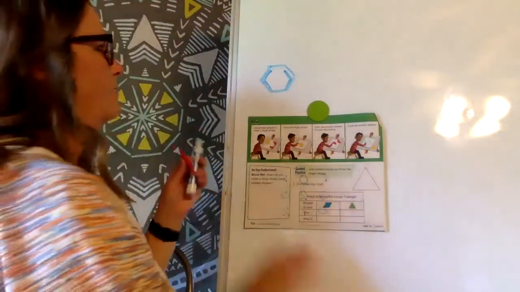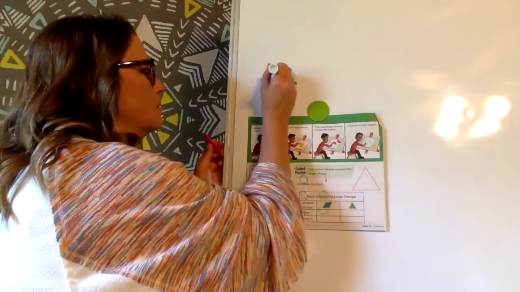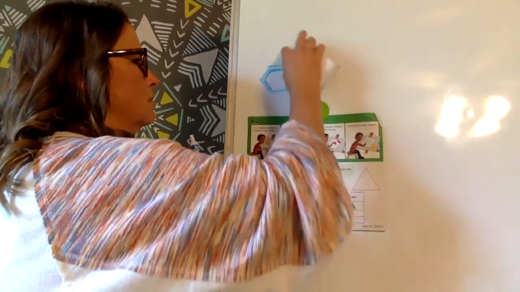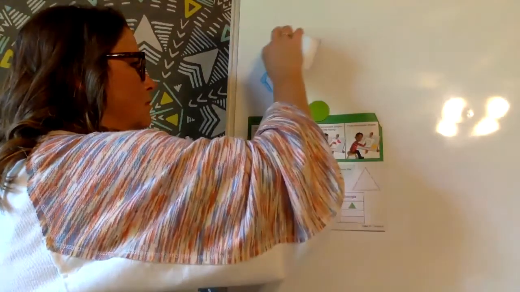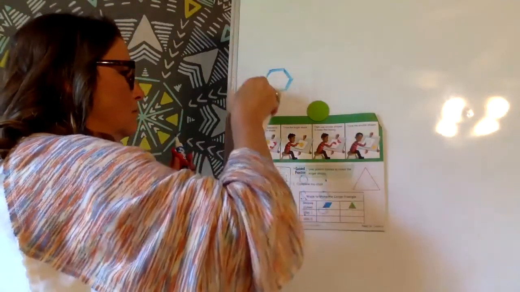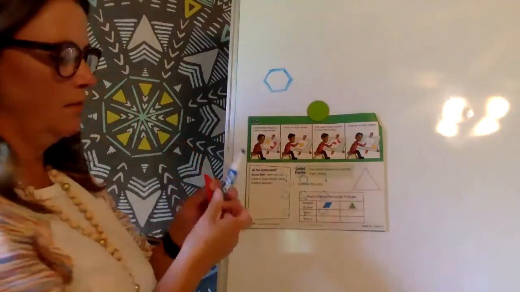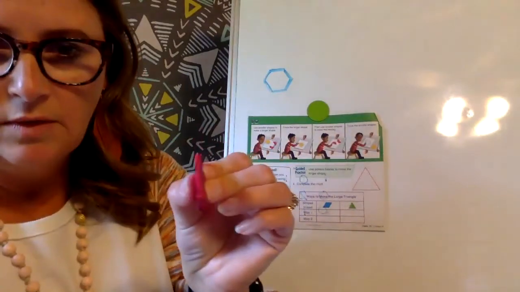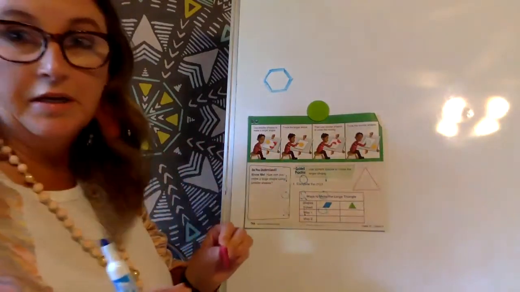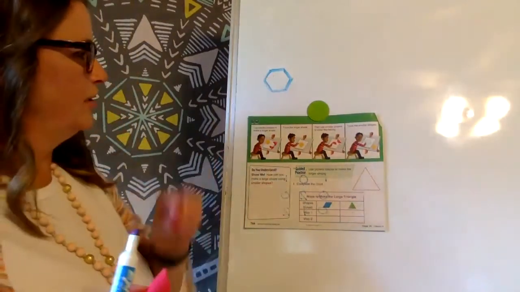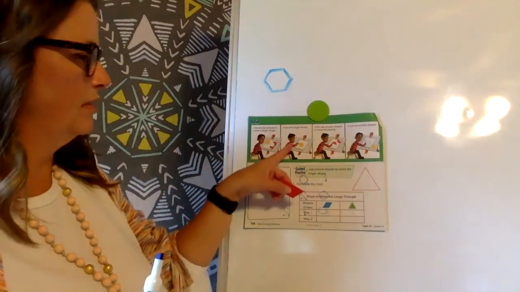Hang on, let me erase the outside parts. It's not so chunky. All right, so we've got that hexagon shape. This is why I say I didn't want to trace with my shapes, but I did it anyway. Maybe it'll wash off. Okay, so I've got that traced on my paper, which is what step 2 says.